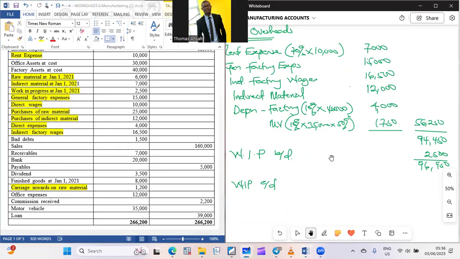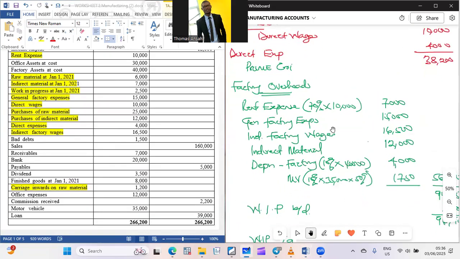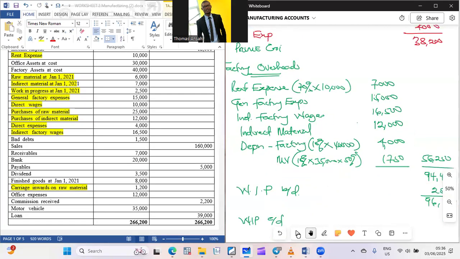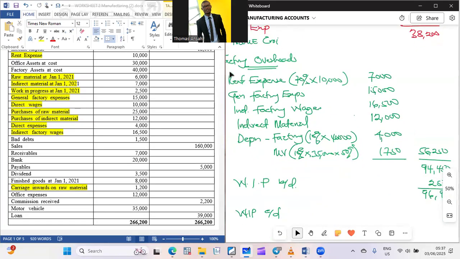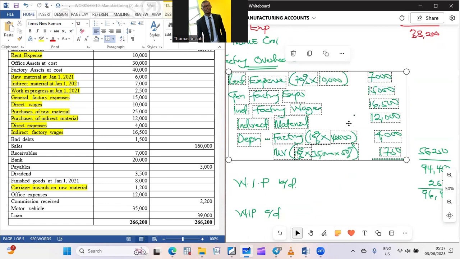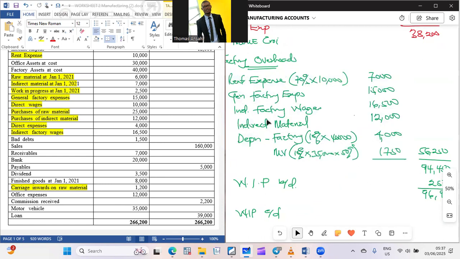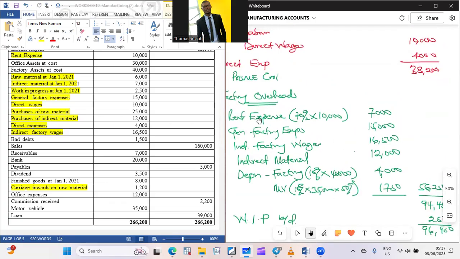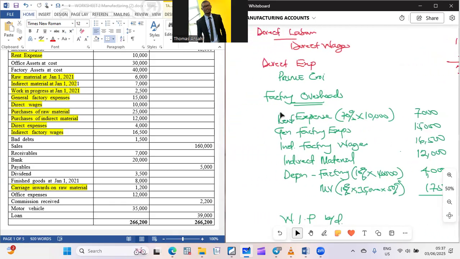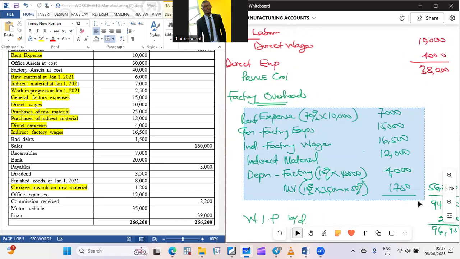Wow. So it means I need to reverse this part, right? So if you see this, you also have to check. Is there purchases of indirect raw material? Oh, okay. So that's the only part that I didn't bring. So this is what you should do. This is the best thing for you. So let's do it like this. Let me do it like this for you.